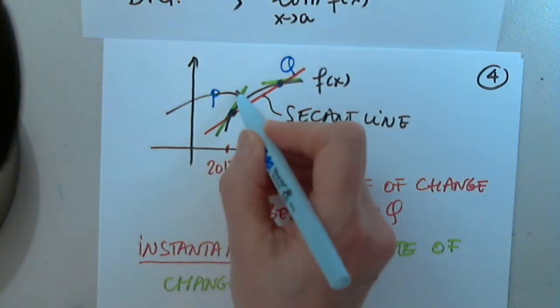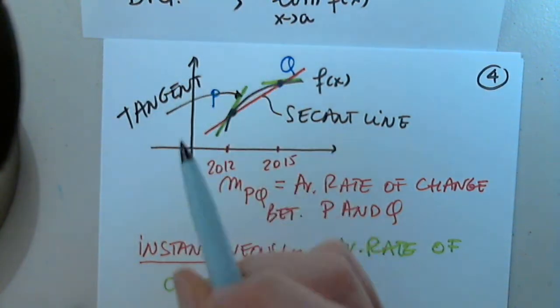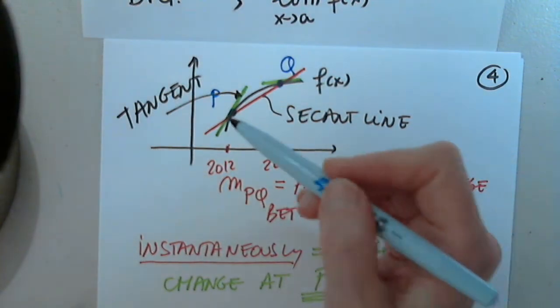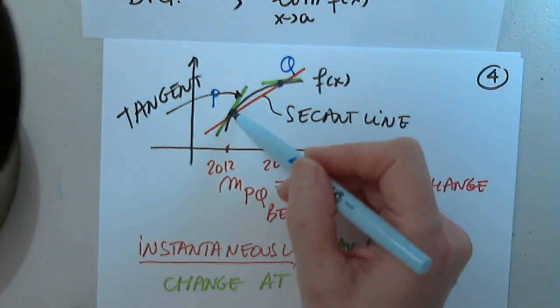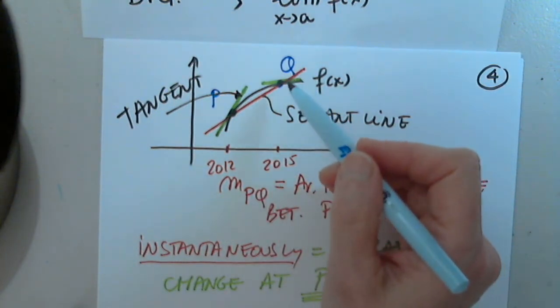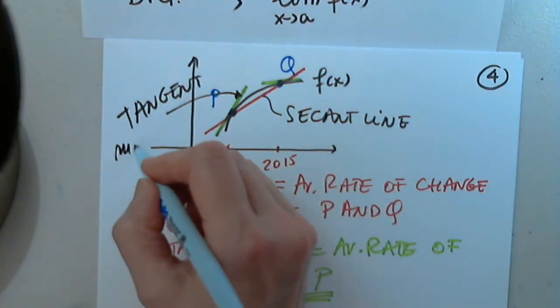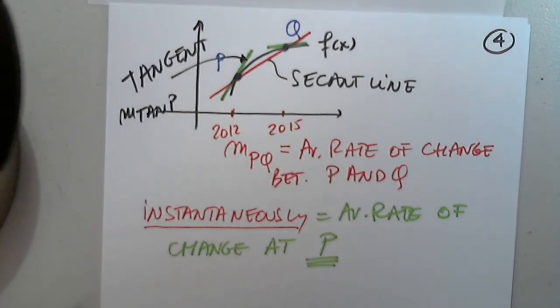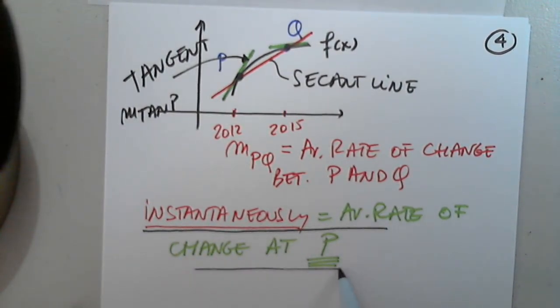And this green line is the tangent. The tangent at P, and another one, a tangent at Q. They touch the graph in only 1 point. They share only 1 point with the graph, not 2 or more, exactly 1. The slope of the tangent at P is the instantaneous rate of change at P.